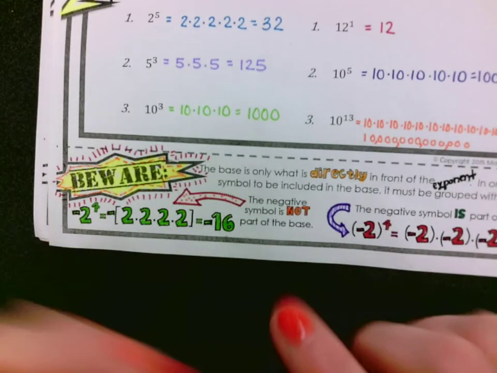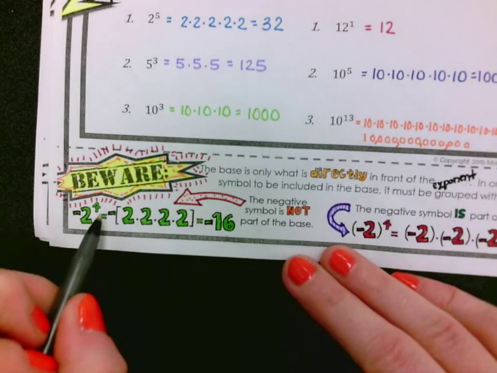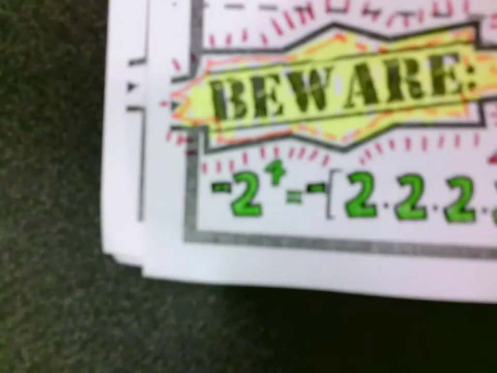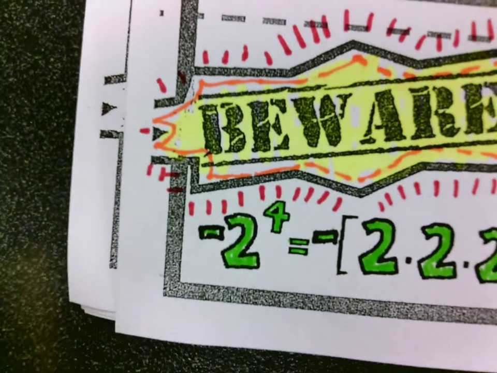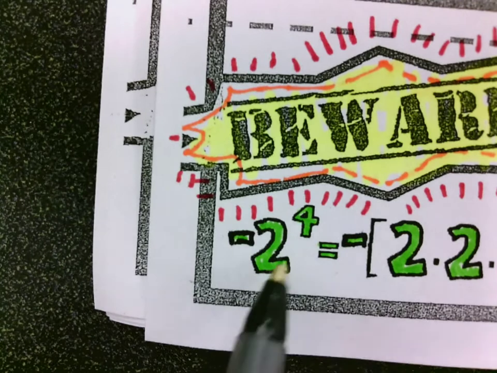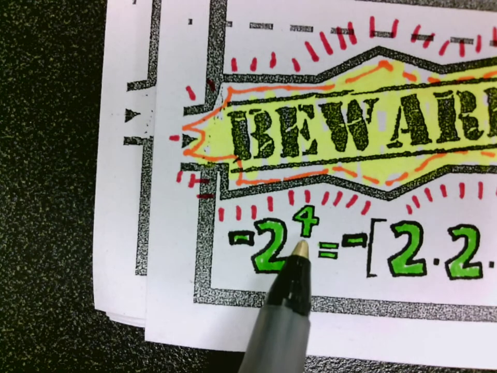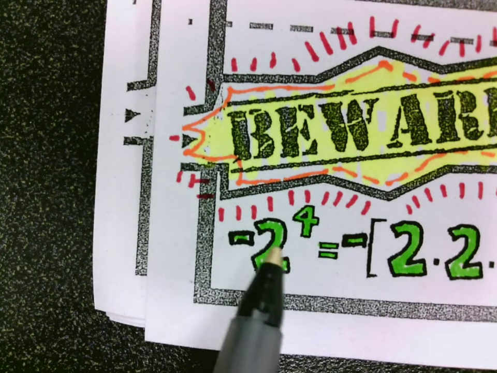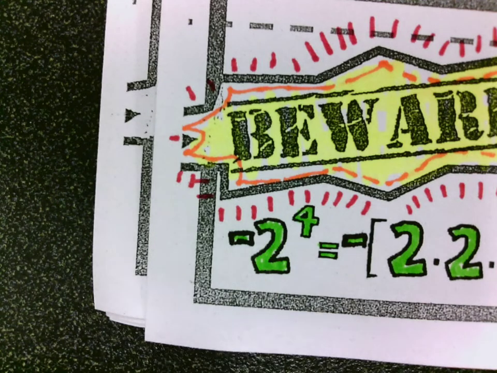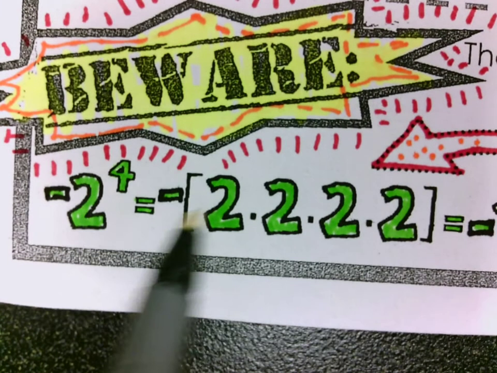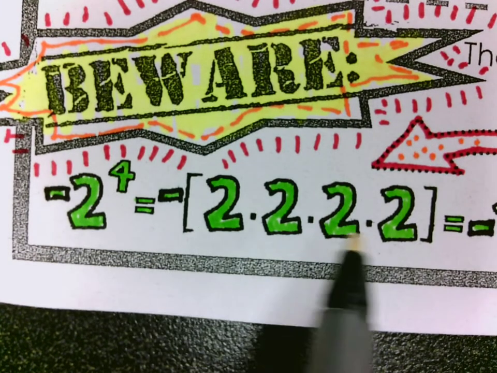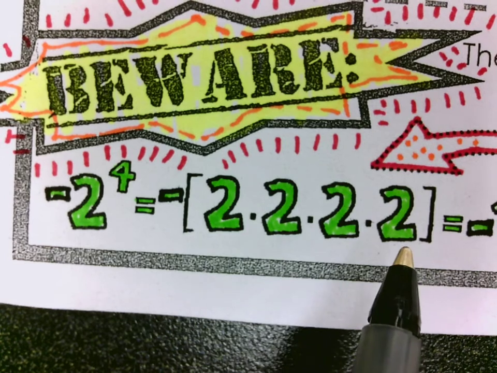And that's because this could really be read as the opposite of 2 to the 4th. So this is saying use 2 as a factor 4 times, and it's the opposite of 2 times itself 4 times. So another way to write it is a negative outside. Then there's our repeated factors, 2 repeated as a factor 4 times.